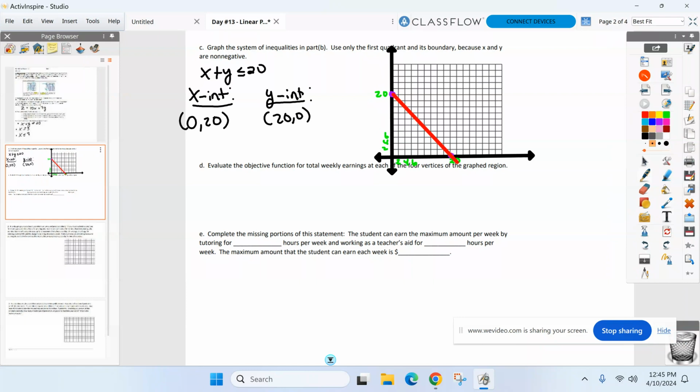If you forget about it, I will not take points off. You should be shading to the left or below, however you want to call it, the line. You probably put it greater than or equal to.